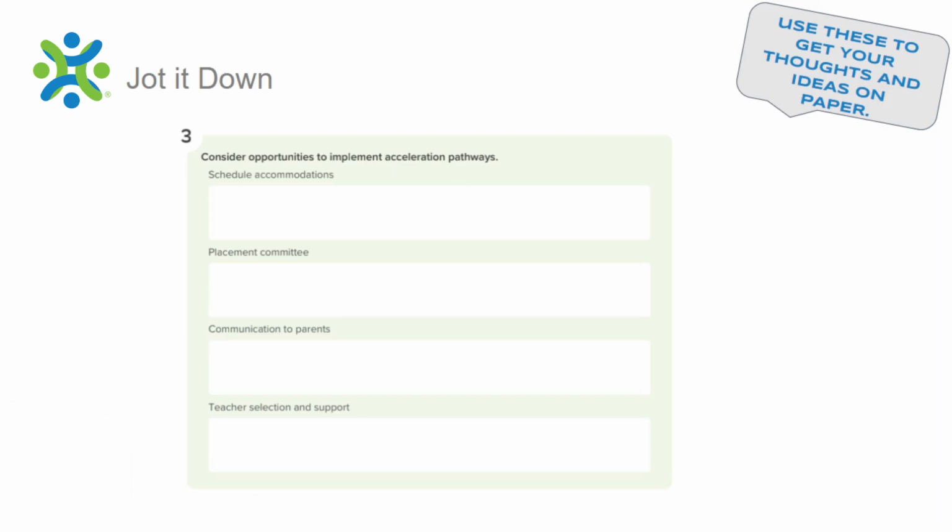Communicating to parents is important. They need to understand not just the short-term implications for acceleration. For example, maybe my child won't be as disengaged in the learning. My child will be challenged more and learn how to deal with that challenge.